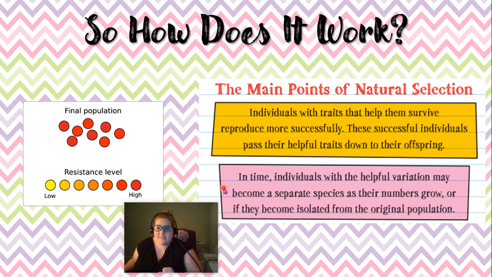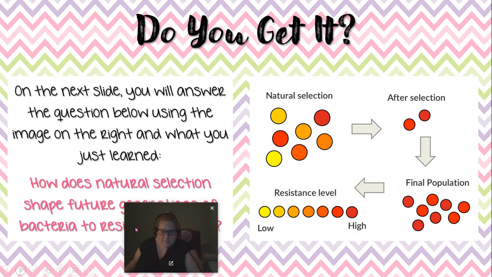You're going to get this information more in high school, but I did want to address that it does happen. You do get different species. We're just not going to go in depth into that because that will be done in your biology course next year.